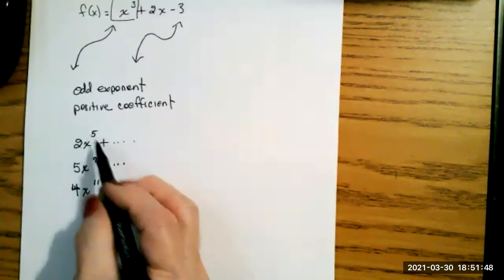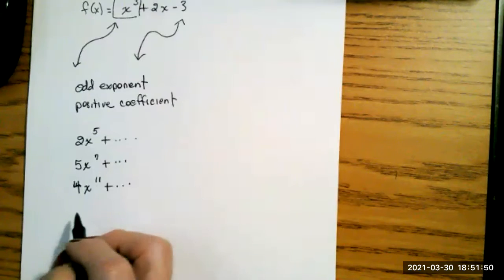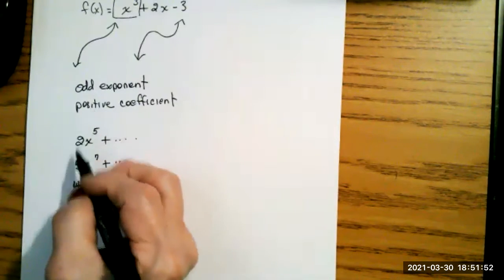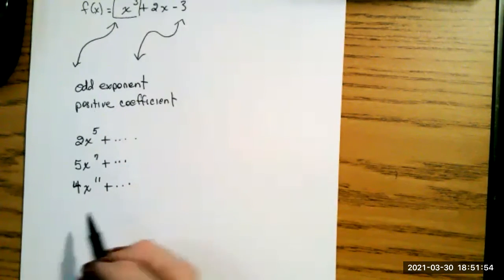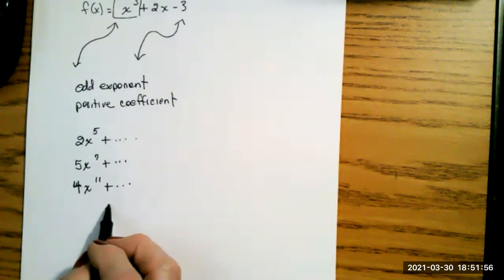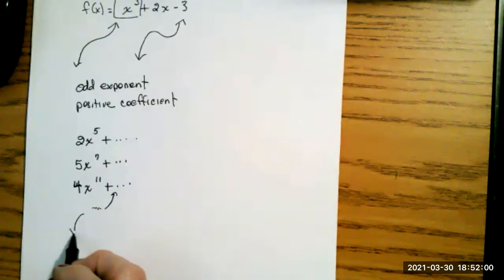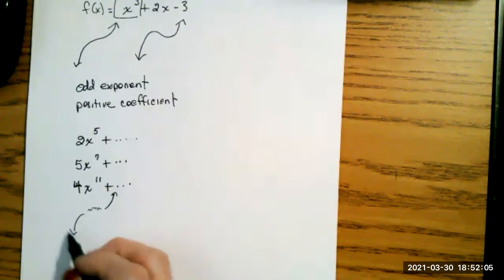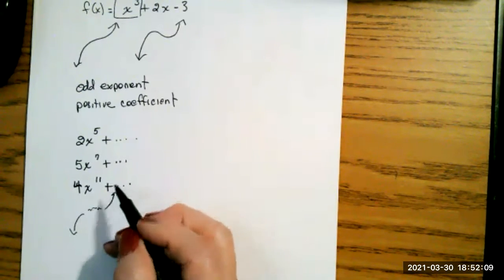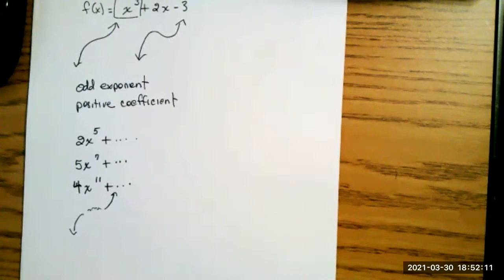Notice that the exponents are all odd and the coefficients are all positive. So I don't know what this thing is going to do in the middle, but I know the ending behavior: going down to the left, going up to the right for all of those.